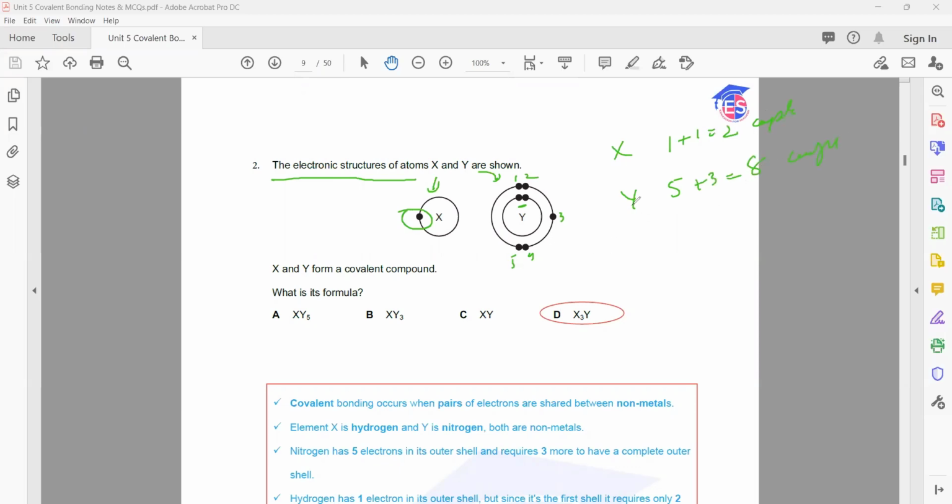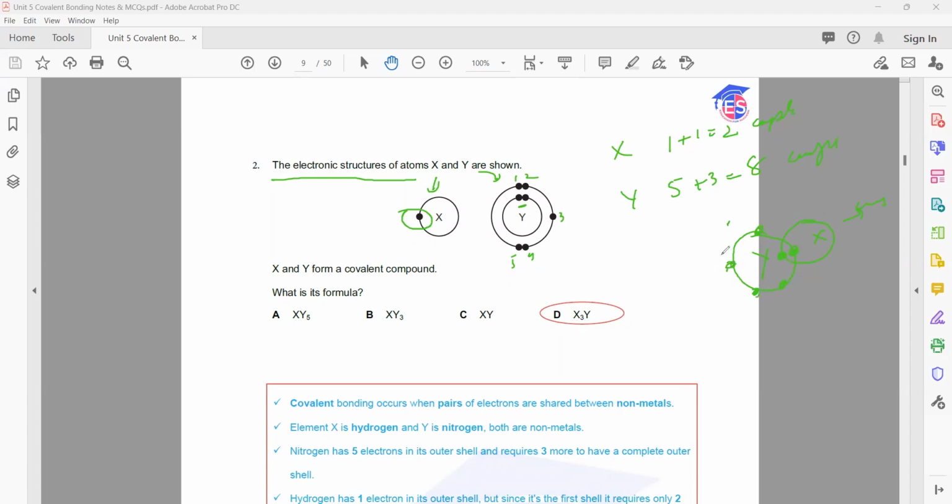So if I want to write the formula, the structure, I will write Y here. I will draw only the last shell. In the last shell, how many? Five. One, two, three, four, five. Okay, I will write X here and I will write for it one. So X is complete now. And Y becomes one, two, three, four, five, six.